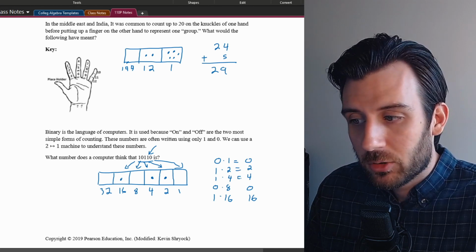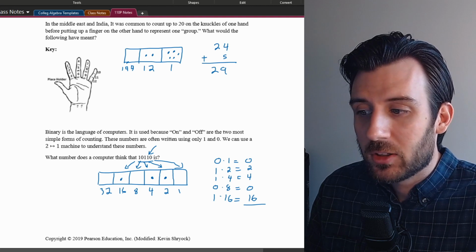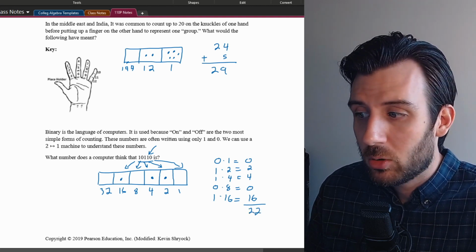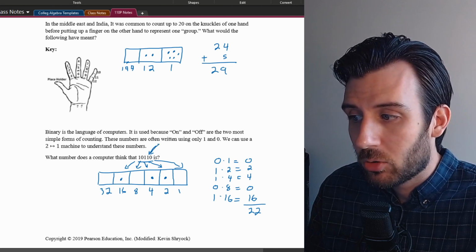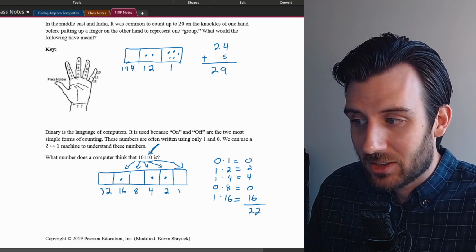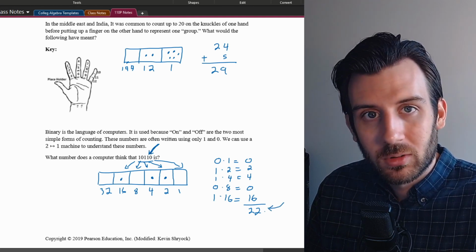Those are the values that the computer thinks we have here. And when you combine all that together, you're going to see we have 2 plus 4 is 6, plus 16 is 22. So a computer thinks that this number that we would normally read as 10,110, when it sees 10,110, it's thinking 22. Very interesting.